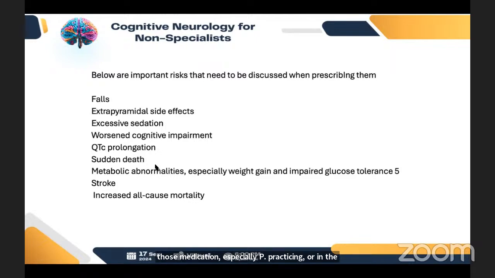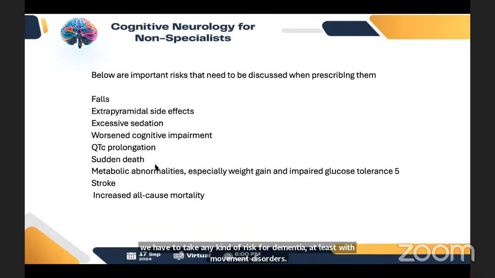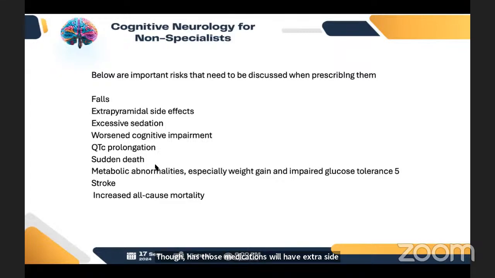Those medications will put you at a higher risk of falls, so you have to assess any kind of risk for falls, especially for dementia related with movement disorders. Those medications have extrapyramidal side effects, which might worsen agitation. For example, patients might have dystonia, which is painful and could make them agitated.